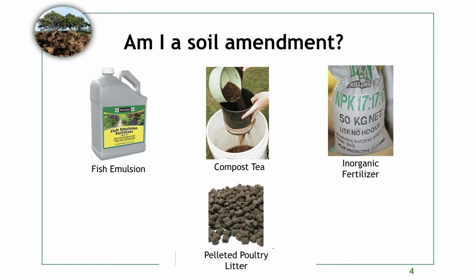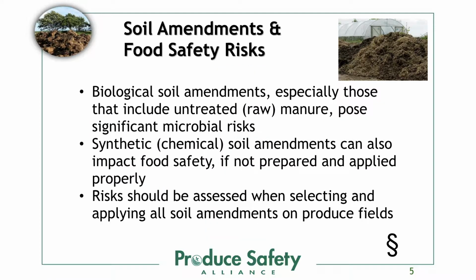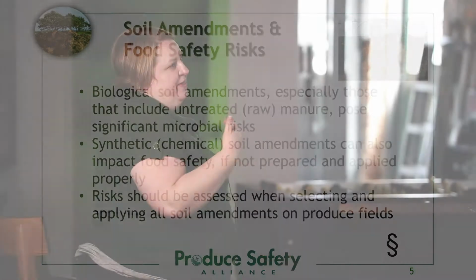Biological soil amendments, especially those that include untreated, or what we always call raw, manure, pose significant microbiological risks. Again, they can carry those foodborne pathogens with them. There are many animals that will naturally be infected with microorganisms that can make people sick when passed on to foods. Some of the more prevalent ones include Salmonella and E. coli. There are many groups of E. coli.